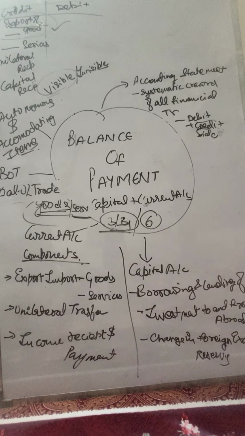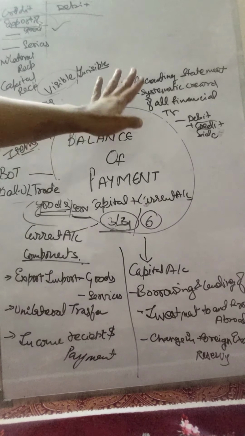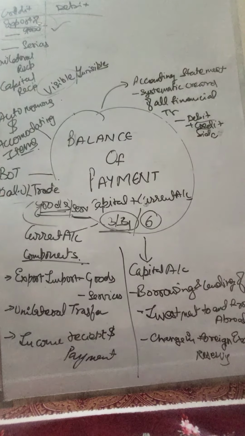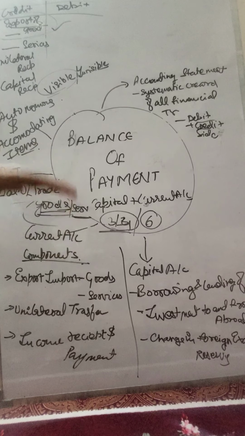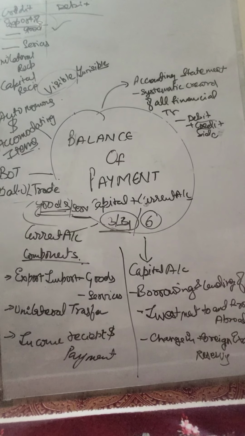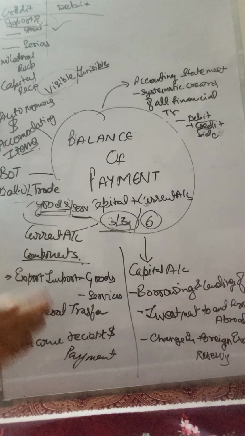Now, balance of payment, what does it mean? Balance of payment basically refers to all those accounting statements that involve financial transactions, or we can say it's a systematic record of financial transactions. Now, whenever we are talking about any account, we know that every account has a debit and a credit side.